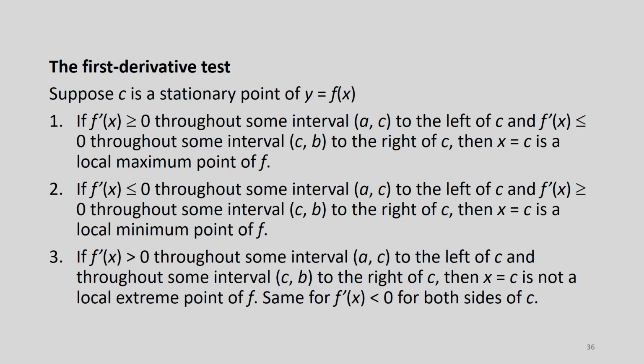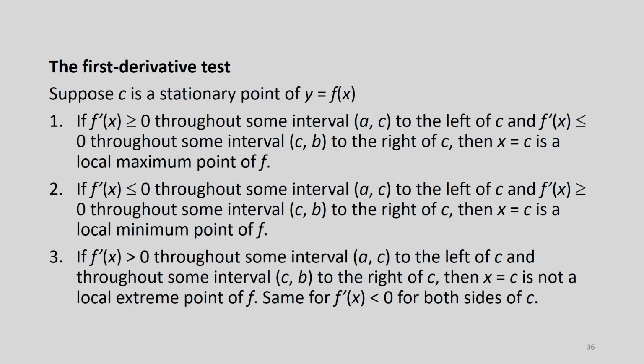Similarly, if f dash of x is less than or equal to 0 throughout some interval (a, c) to the left of c, and f dash of x is greater than or equal to 0 throughout some interval (c, b) to the right of c, then x is equal to c is a local minimum point of f.